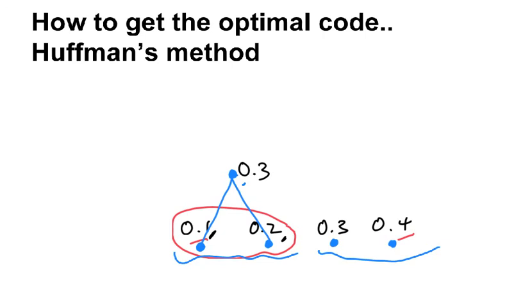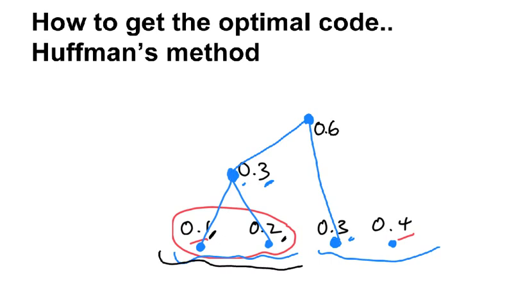As you can see, it is these two, this node and this particular node. Now, form a new tree in this way. We have a new node, and the probability associated with it is 0.3 plus 0.3, which gives you 0.6. Can you understand this? So now we have two trees, this big tree and this single node tree, right?